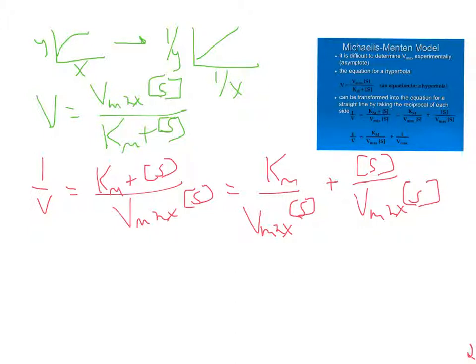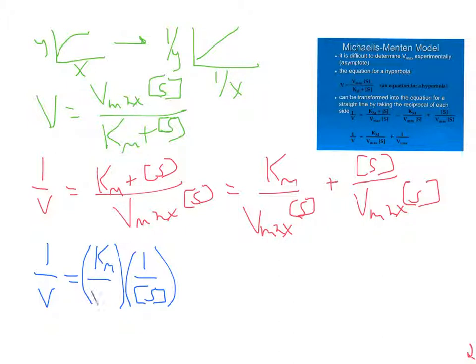Because if you just look at that, you may not realize that that's a line. But now I'm just going to rewrite it. 1 over V, that's your y-axis, is equal to, remember the x-axis is 1 over S. So that factors out of this right here to give you Km over Vmax plus, how does this simplify, the second term?